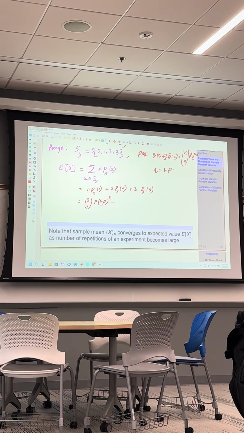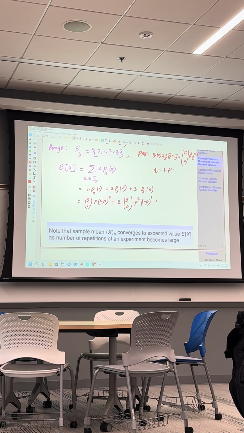Now plus 2 times combination 3 choose 2, p squared, and then 1 minus p to the 3 minus 2, which means 1.